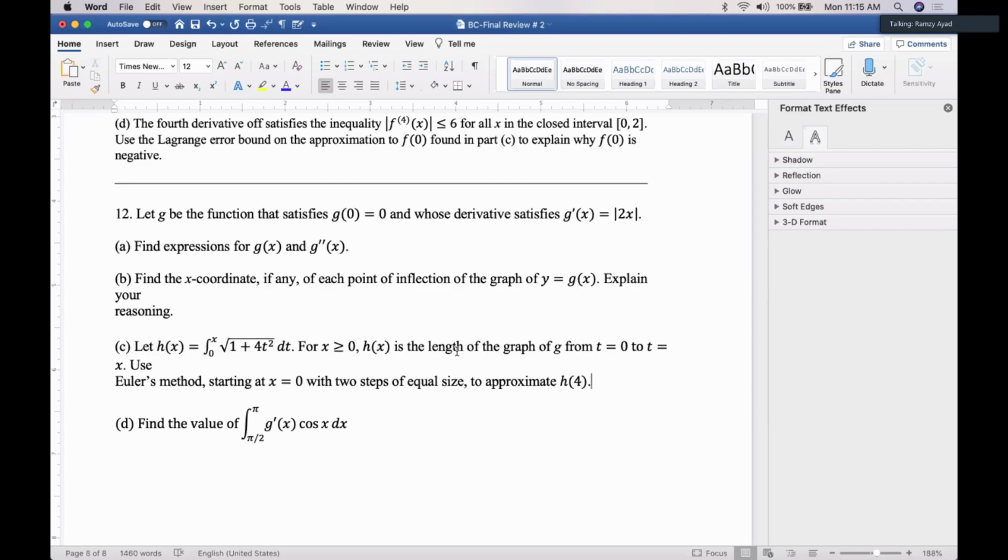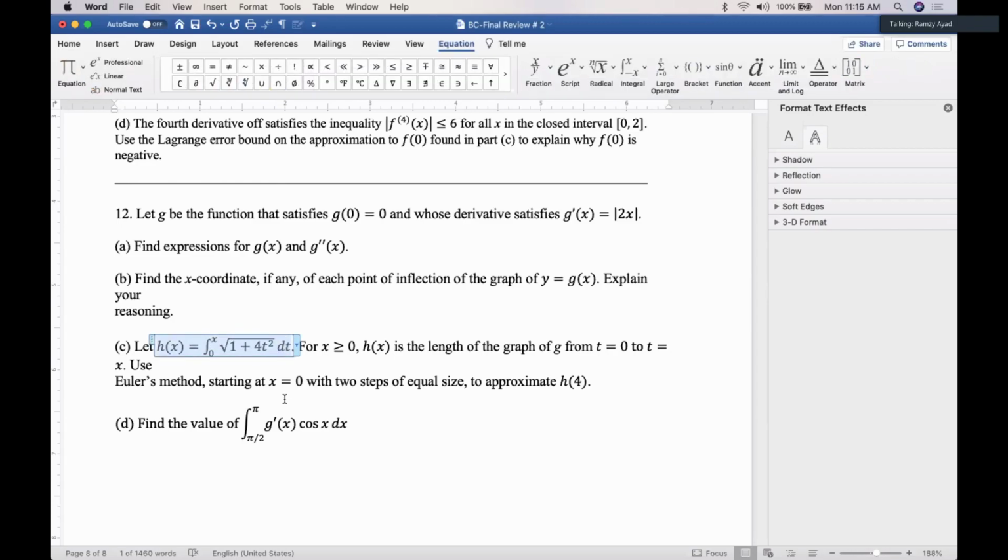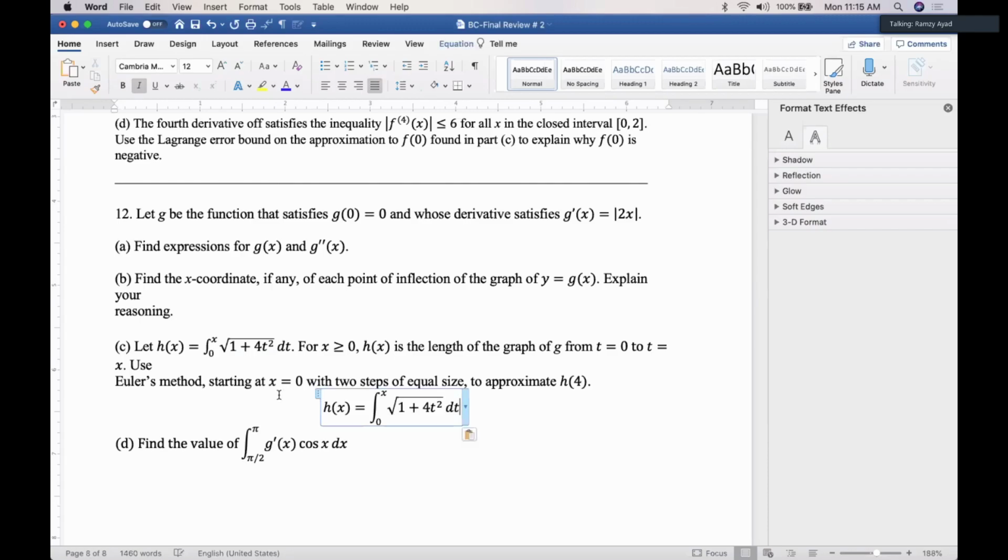That's weird. Did they give us a value for that? Well, if you plug in 0, then you would get 0, because it's from 0 to 0. You're right. If you plug in the 0, you get 0. So this is my function, and I would like to apply Euler's method twice, 2 steps, to find h of 4. That means the delta x in this case would be 2, right?